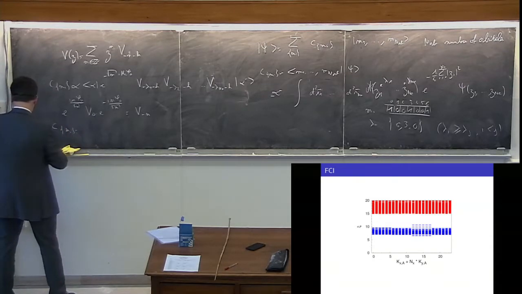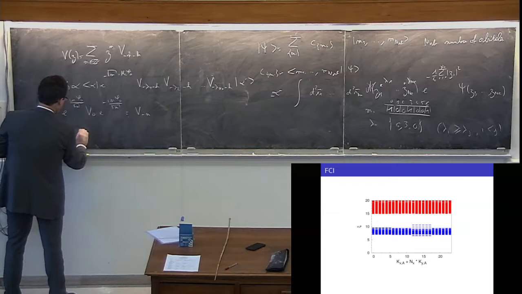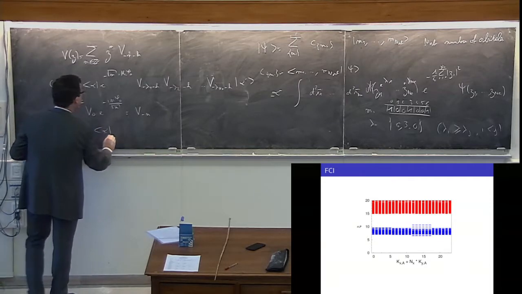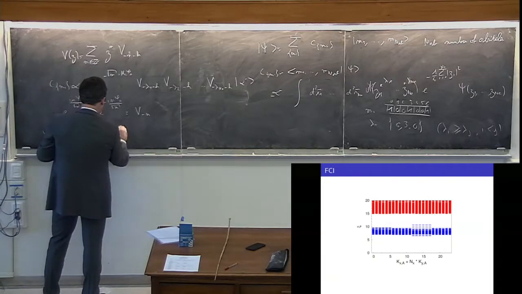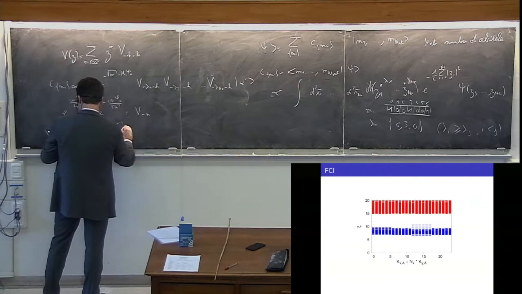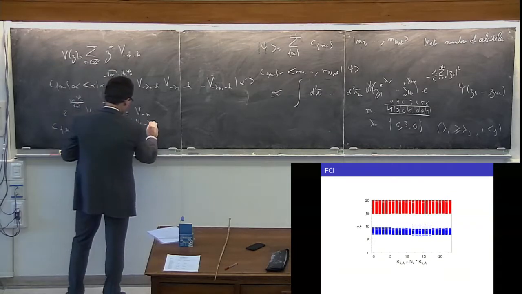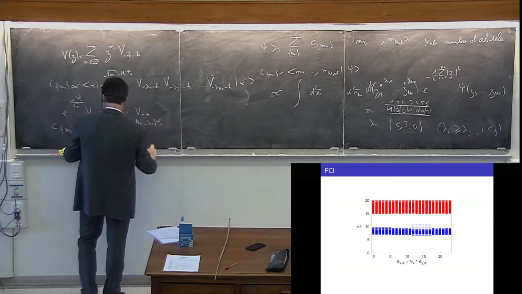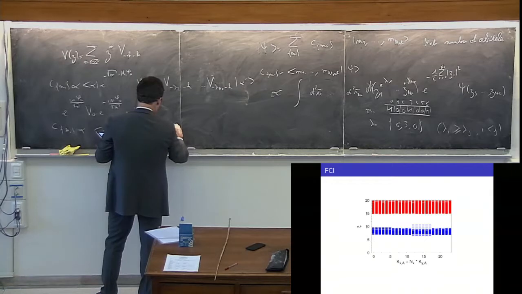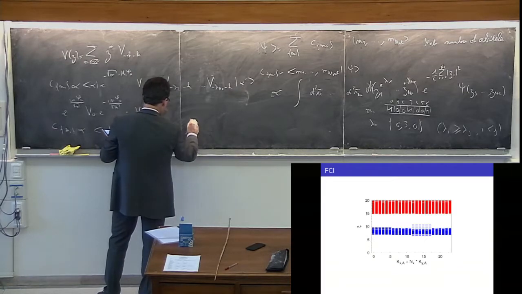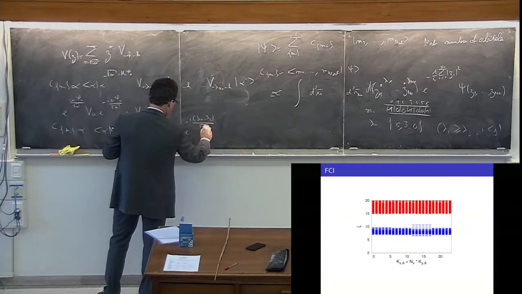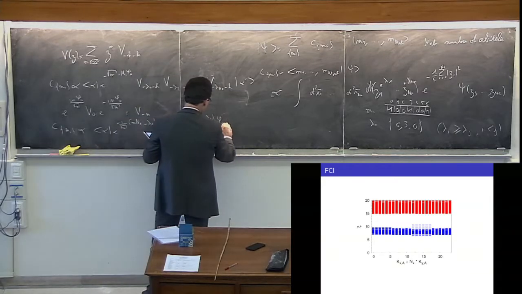Alpha, I still have, so now I have to be careful, square root of m, lambda 1, phi 0, v0, exponential of I minus I, lambda 1 minus lambda 2 over square root of m, phi 0, v0.